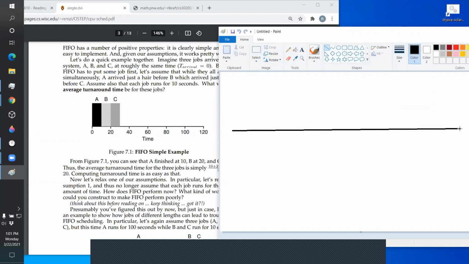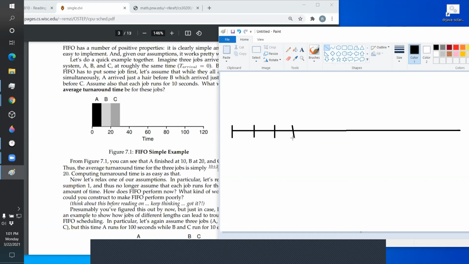Okay, so there's a timeline. I'll mark it off and say, you know, there's like time 0, say 10, and the unit of time doesn't really matter.